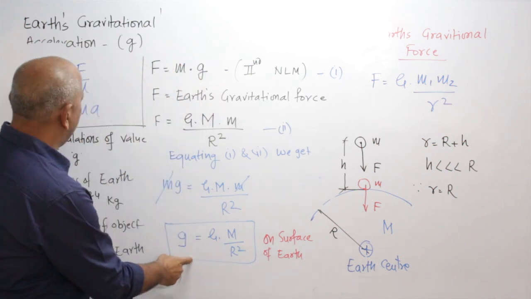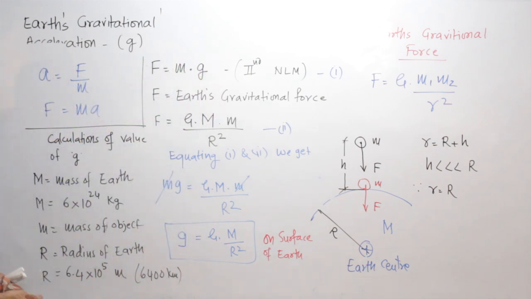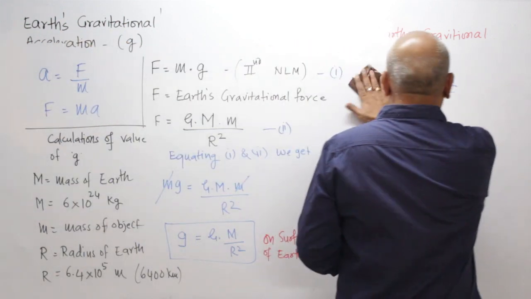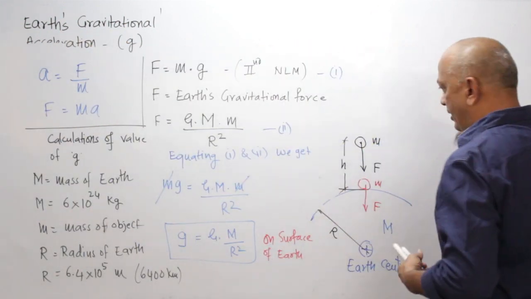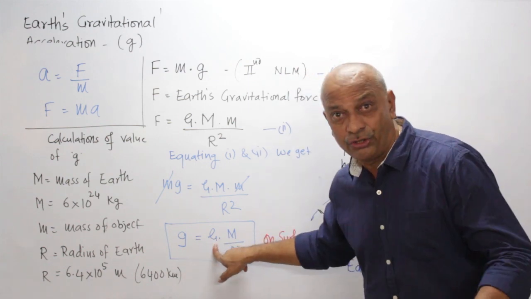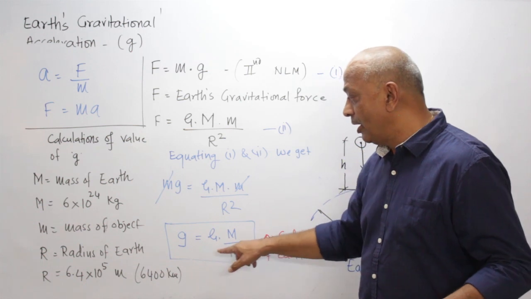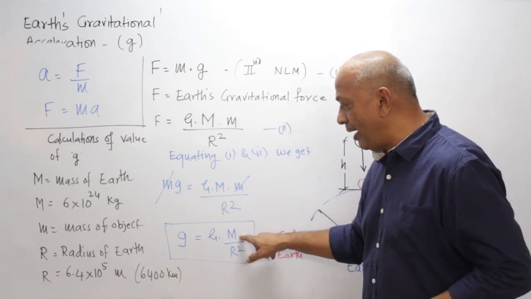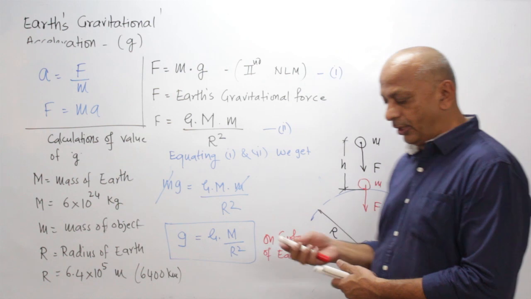So from this, it is clear. What is clear from that? It is clear that the gravitational acceleration depends on, G is anyway a constant. This acceleration depends upon mass of the Earth and radius of the Earth.